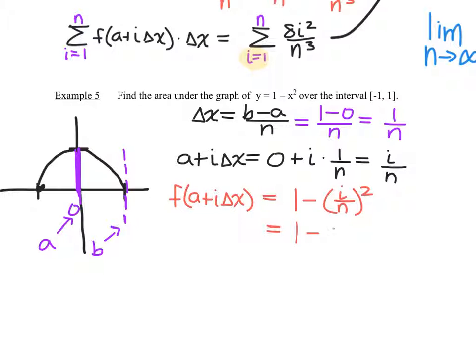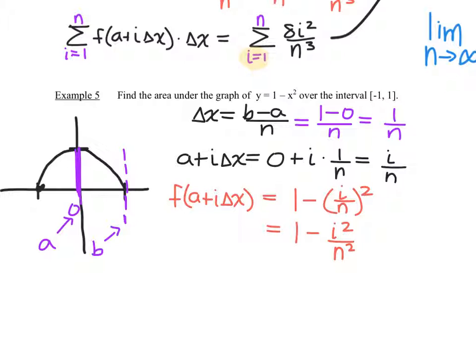Because we're looking at 1 minus i squared over n squared, which is not terrible, but it's not bad at all, actually. The reality is, though, that it could have been much worse. If you had an a plus i delta x that started with a -1, you would be taking -1 plus 2i over n and squaring that. All right?